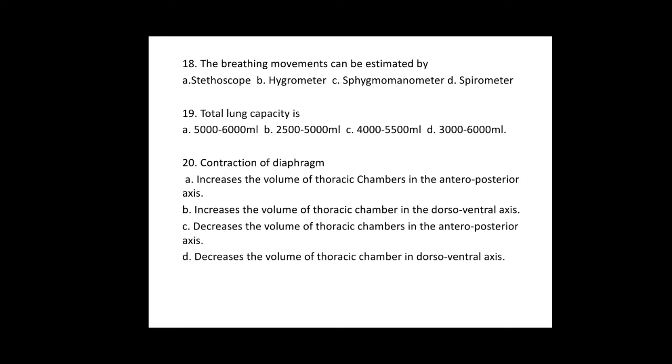D option, decreases the volume of thoracic chamber in dorsoventral axis. Actually contraction of diaphragm makes the thoracic volume increase in the antero-posterior axis, which is mentioned in option A. So for 20th question, option A is the correct answer.